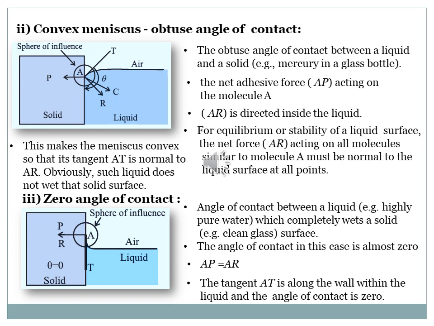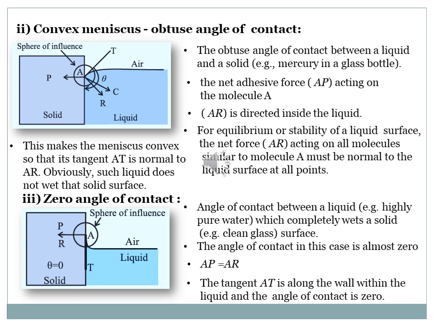And now for equilibrium or for the stability of a liquid surface, the net force, which is AR, acting on all the molecules, should be what? Should be normal to the liquid surface at all the points. To maintain this, to stabilize this, what should be there? All the molecules will try to come inside the liquid itself, and it will give you the angle of contact which is obtuse, and the meniscus becomes convex.